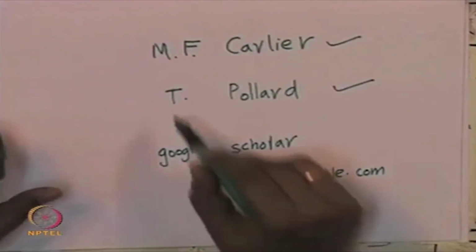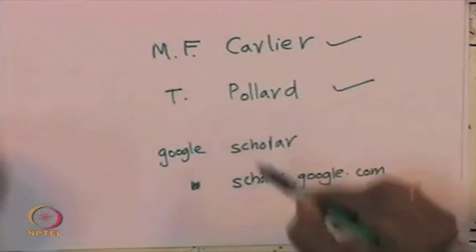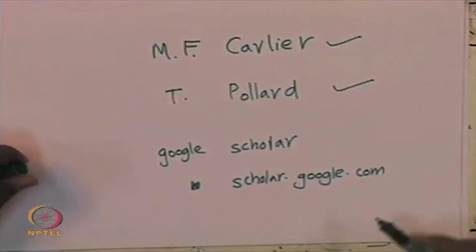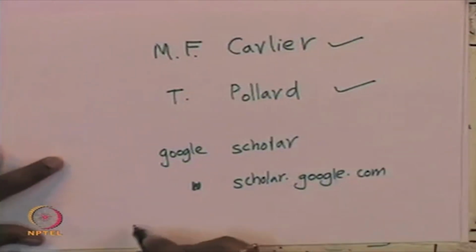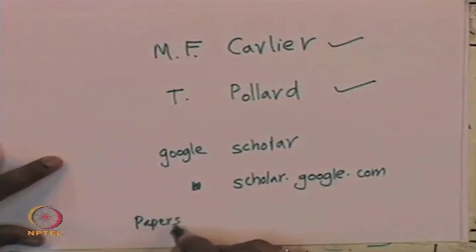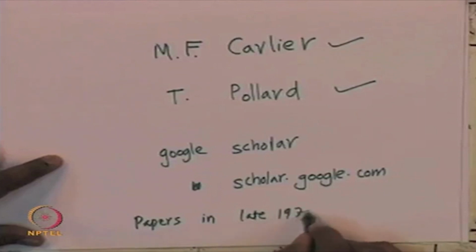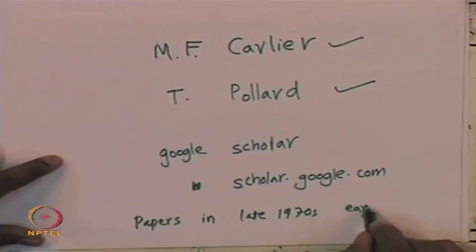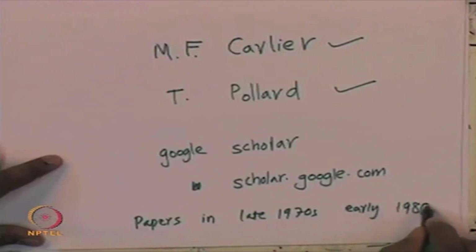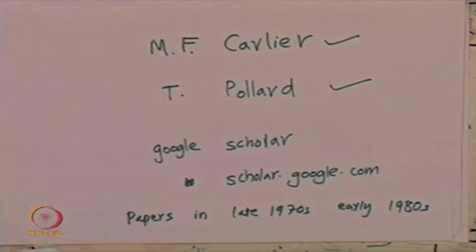Then search for M.F. Collier or T. Pollard and look at the papers in the late 1970s, early 1980s. Roughly around this time, if you look at the papers, you can see that they have done experiments studying actin polymerization, exactly the same experiment that we discussed.